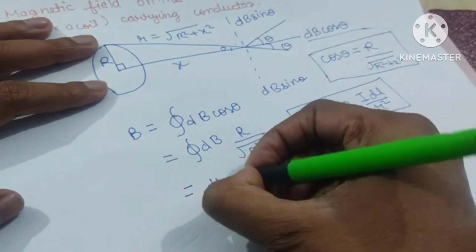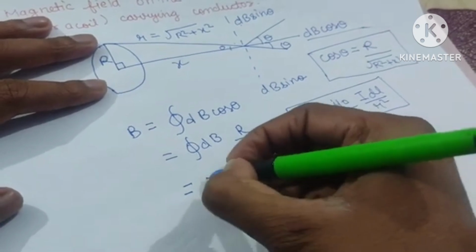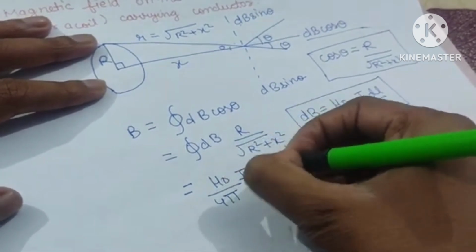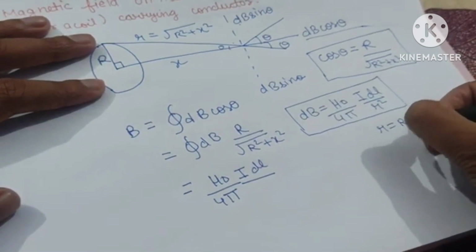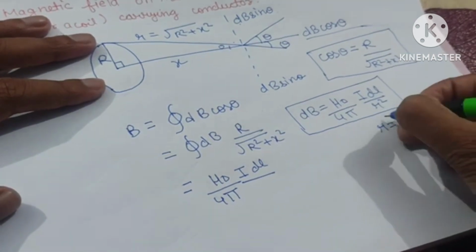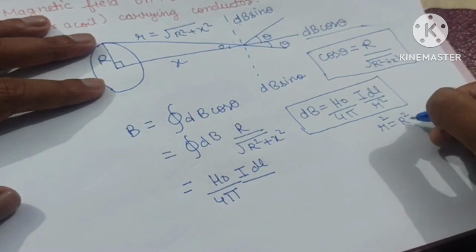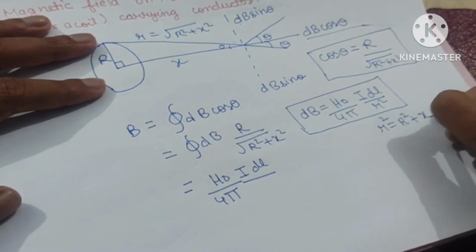Now we put this in the equation: I dl by r square. Here r square is equal to capital R square plus x square.